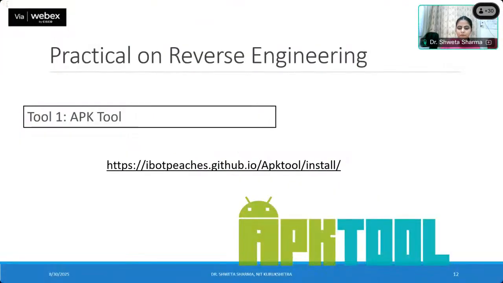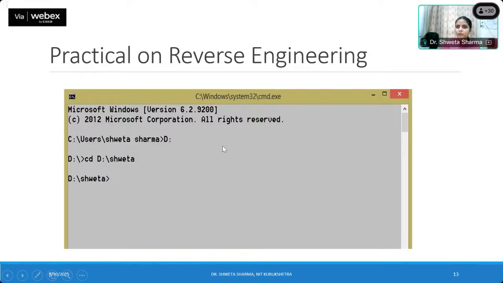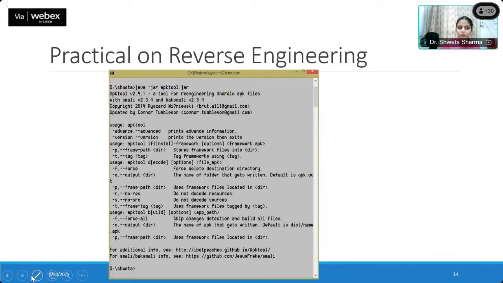Now I need to run this tool. The step to run the tool is, first I need to go to the drive where I have placed the APK tool. After this, I need to write a few lines. For example, I need to write java, space, hyphen jar, space, the name of the tool dot jar.